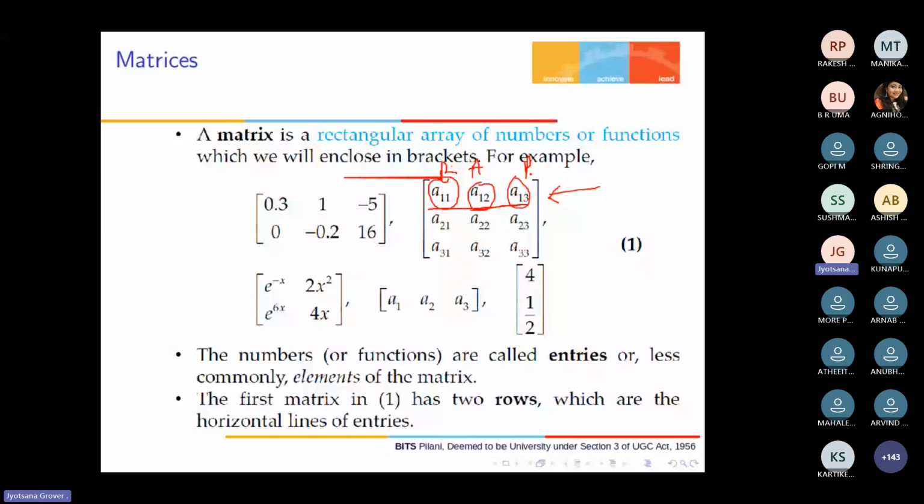Similarly, you have the second row, which represents the second house. Again, this will represent the number of rooms in the second house, then the area of the house, and this is the price of the house. In machine learning, you have to find the relationship between the price and the number of rooms and the area of the house.